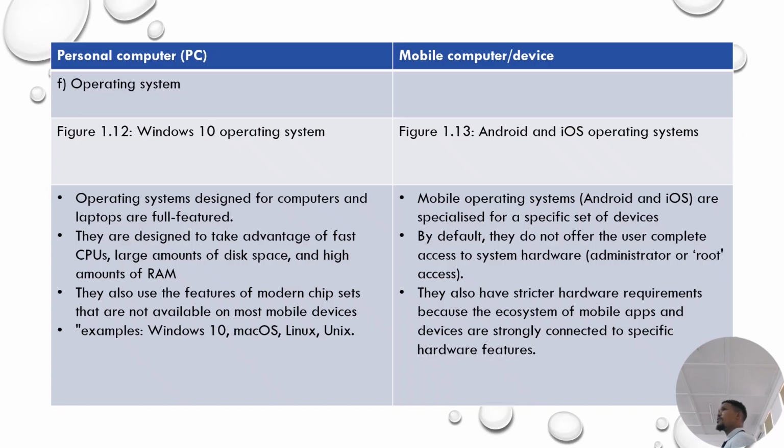They also have stricter hardware requirements because of the ecosystem of the mobile apps. Devices are strongly connected to specific hardware features. So for instance, if you had an iPhone 6, your WhatsApp now would not work because the operating system is outdated.